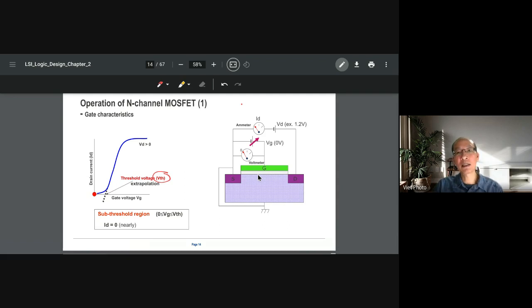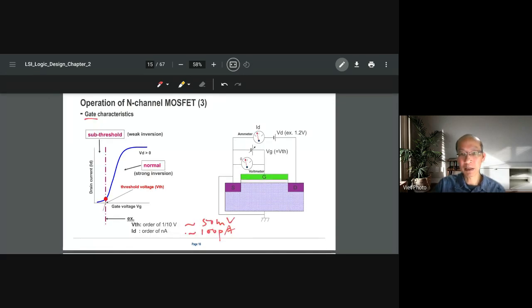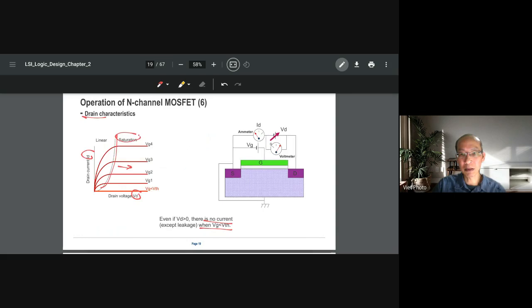Okay, let's start from the beginning. When the voltage applied to the gate here is zero, which means there's no bias in the circuit, only the VDD here.